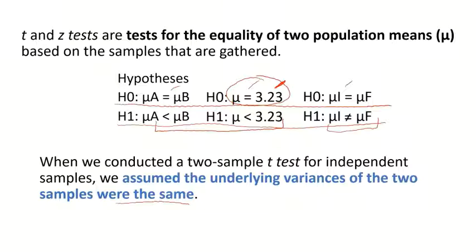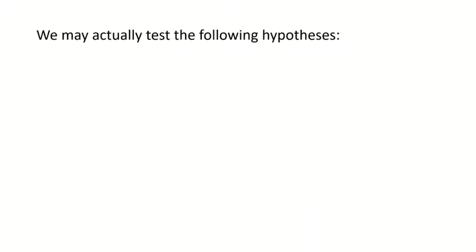In fact, we can make a whole new hypothesis about those variances. We may have another null hypothesis stating that the variance of population 1 is equal to the variance of population 2, and an alternative hypothesis stating that the variances of the two populations are not equal.